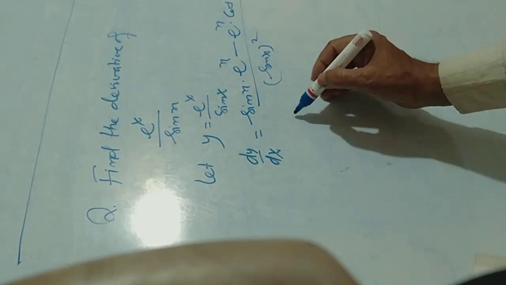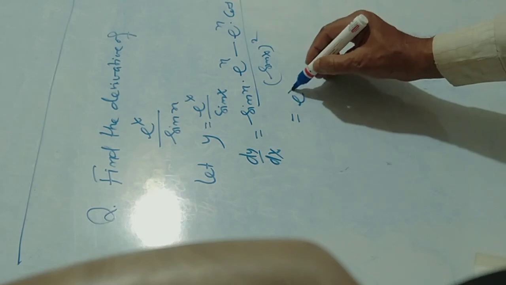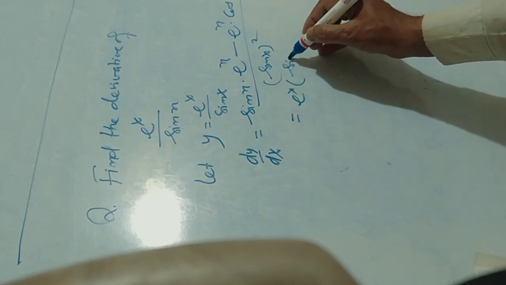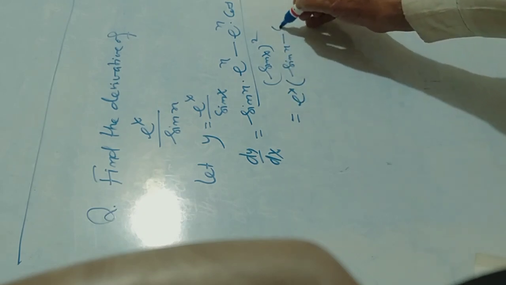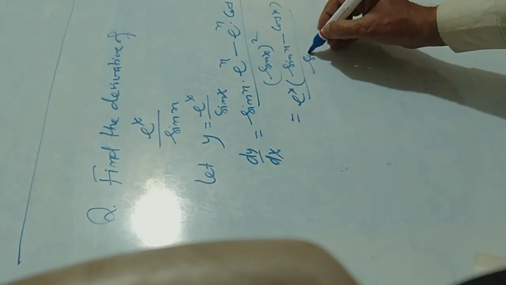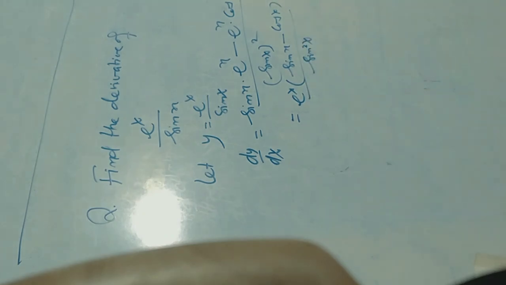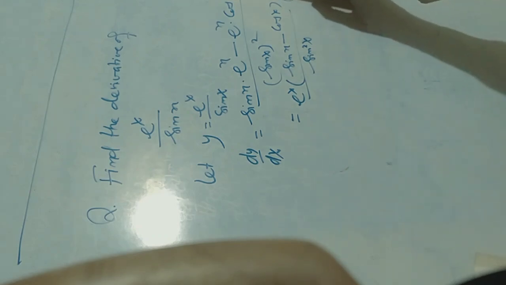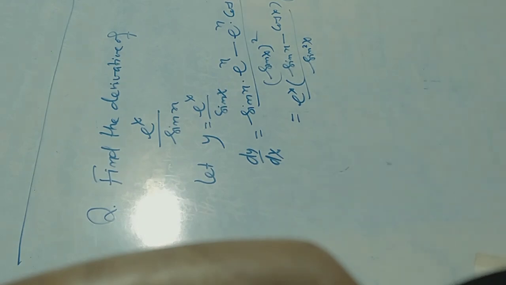Now this is equal to e power x (sin x minus cos x) upon sin square x. Okay, this is the result. Clear? Any doubt here?